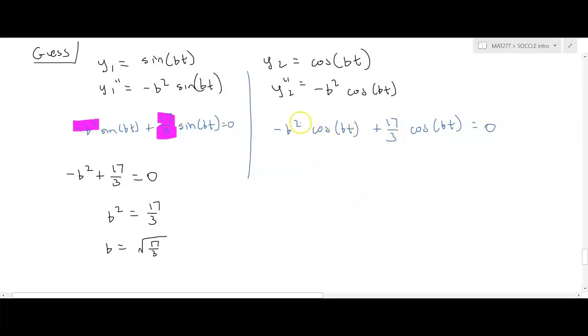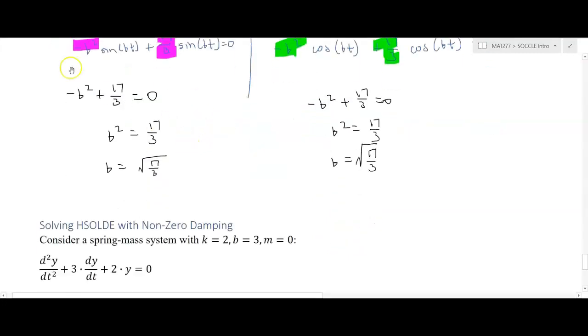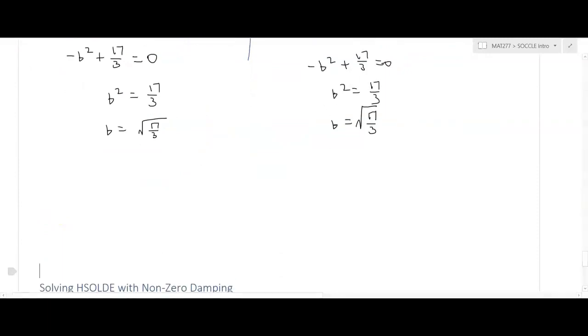And then over here, we'll also be able to argue that the sum of the coefficients of the two cosines has to equal 0. So here we'll have negative b squared plus 17/3 equal to 0. You see that we're solving the same equation. We get b squared equals 17/3, and b equals the square root of 17/3. So that gives me two solutions, one of them being sine of the square root of 17/3.